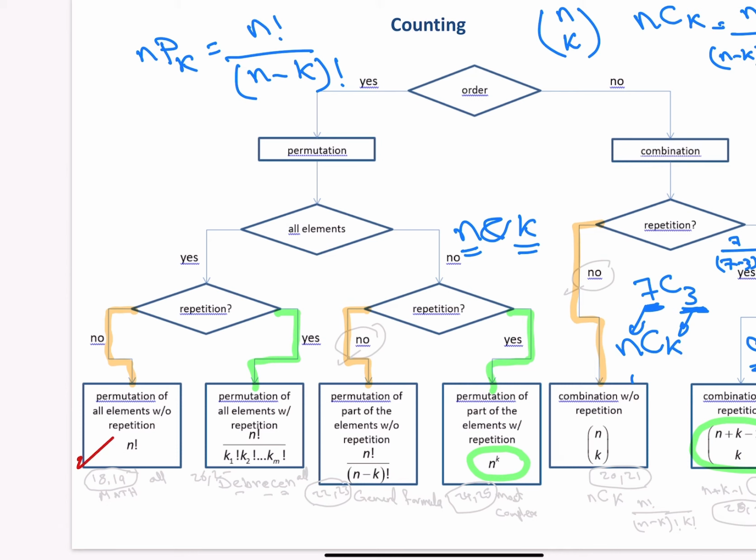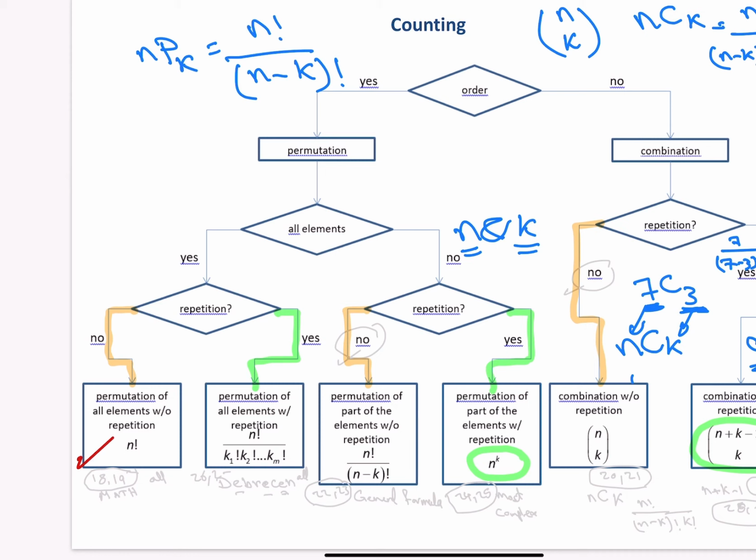The second one: we are done with the permutation of all the numbers without any repetition. So let us take also the combination for all the numbers without repetition, which will be this one.